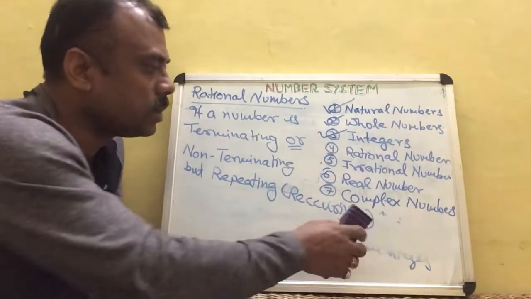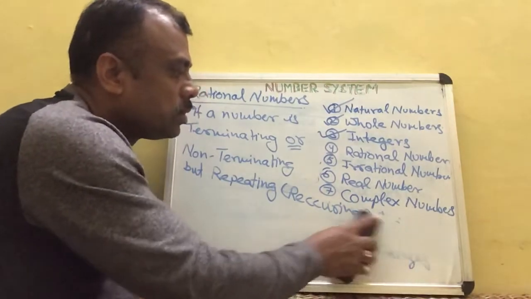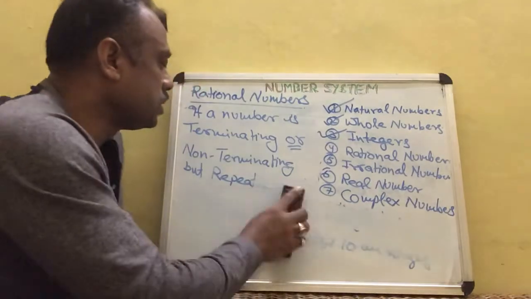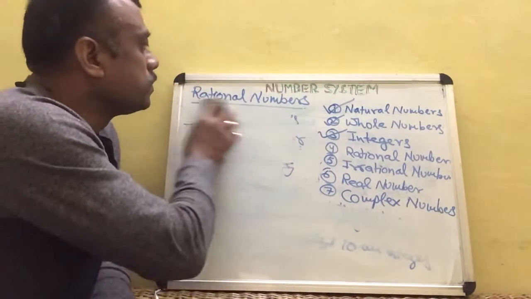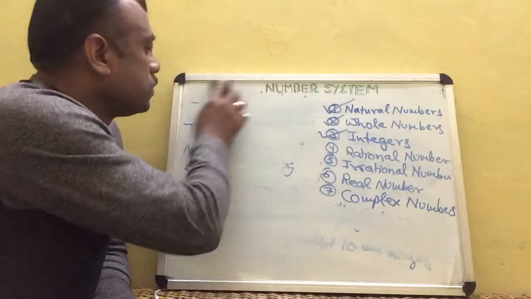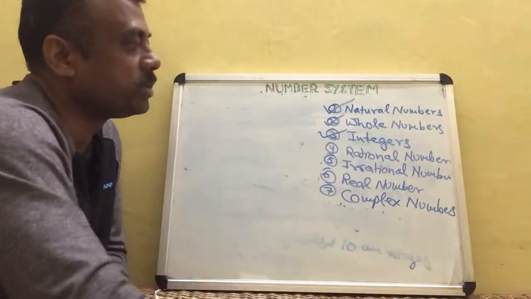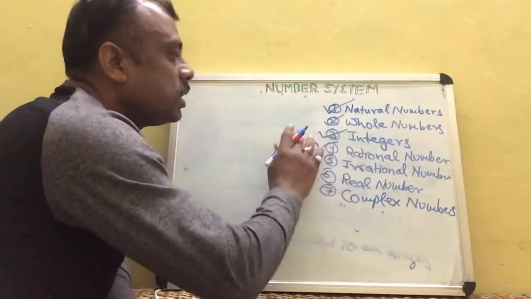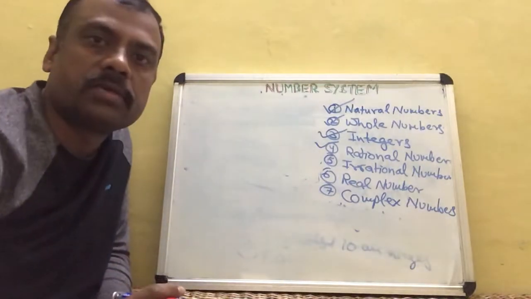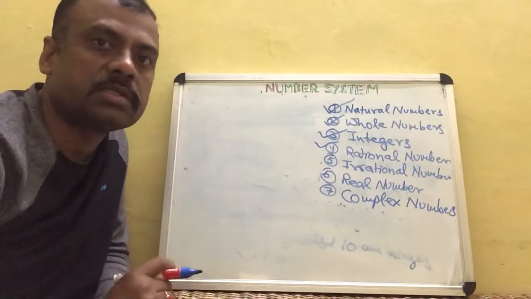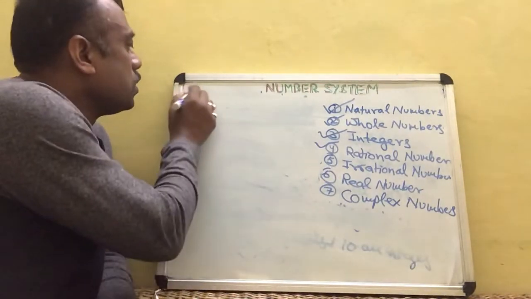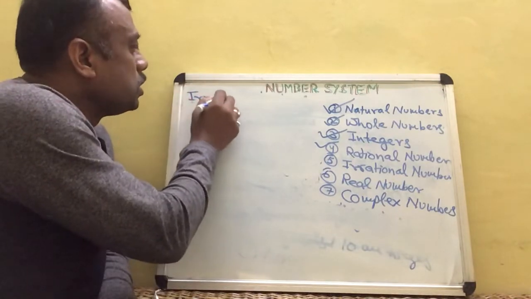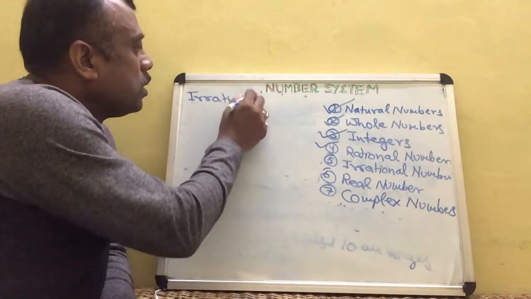Now let us go to another number system, that is the irrational number system. For the irrational number system, let us consider some numbers.